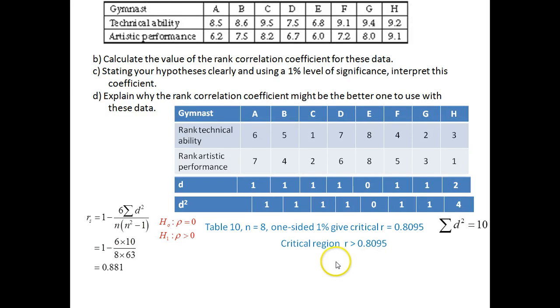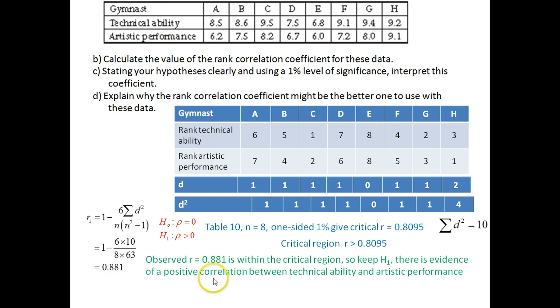So our critical region is greater than that. Our observed value was 0.881, which is within the region, greater than the critical value. So we're keeping H1. There is evidence of a positive correlation between technical ability and artistic performance.